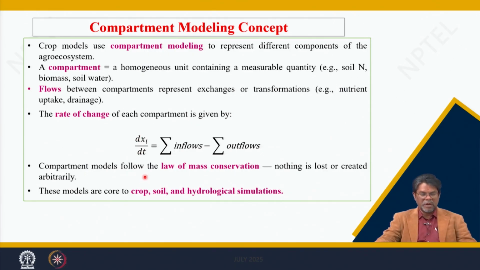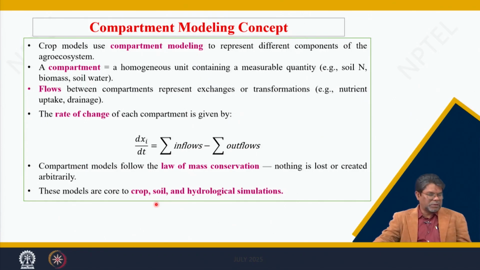The compartment model follows the law of mass conservation, that is, nothing is lost or created arbitrarily. So, the rate of inflow minus the rate of outflow gives the change in that component per unit time. These models are core to crop, soil and hydrological simulations.